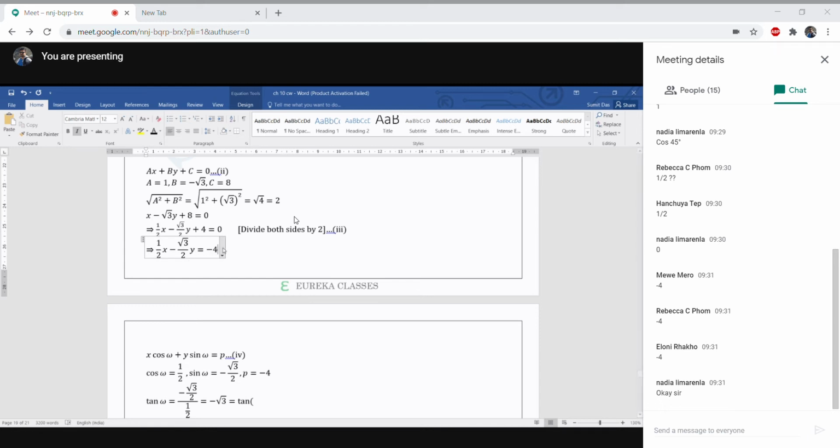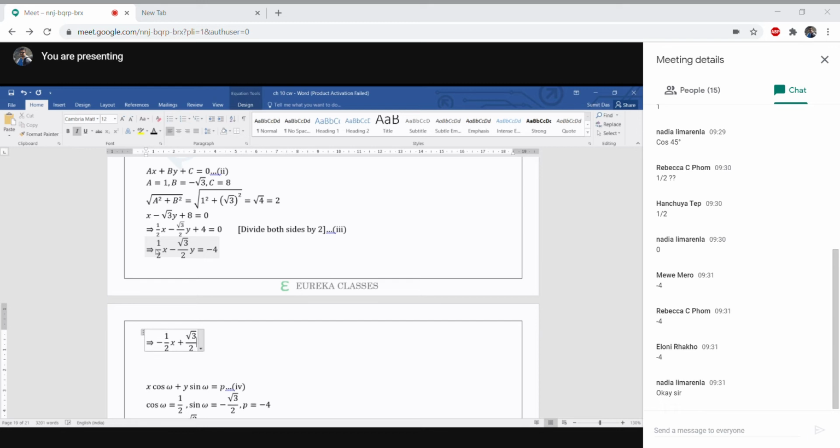So we are getting -4, right? But I told that we have to always make p positive. So we'll write like this: 1/2 x plus root 3/2 y equal to 4. This is the correct representation of the line.